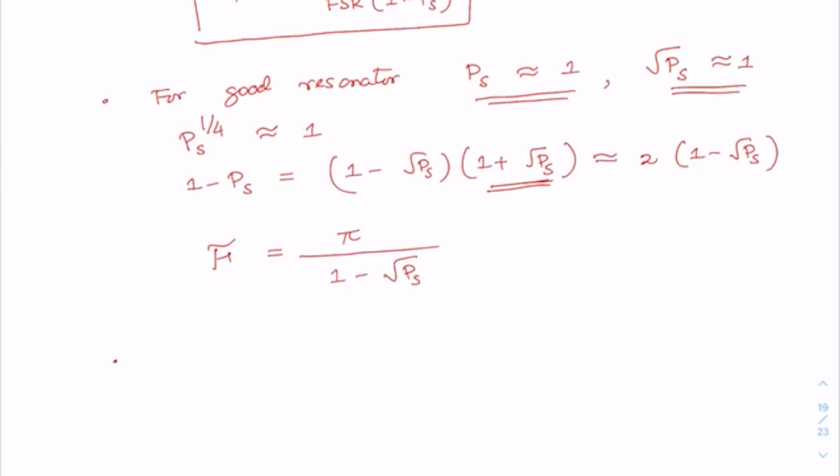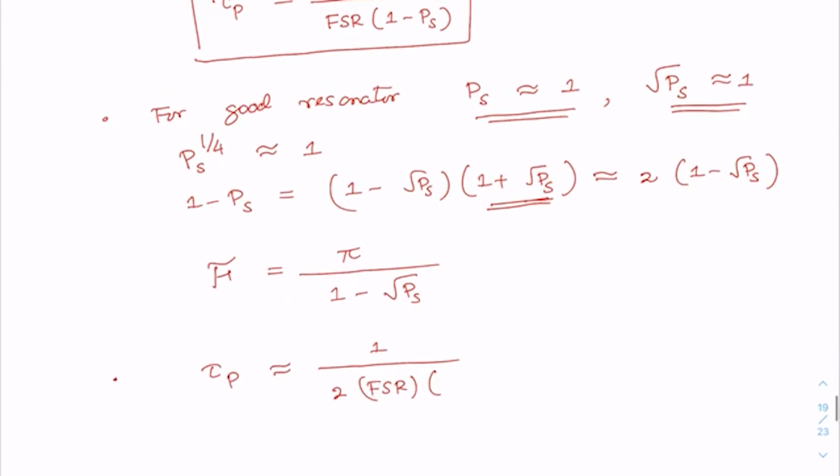And ultimately, I can express the photon lifetime in terms of finesse. That would be 1 divided by 2 into free spectral range into 1 minus square root of PS, and this I can further write as finesse divided by 2 pi into free spectral range.